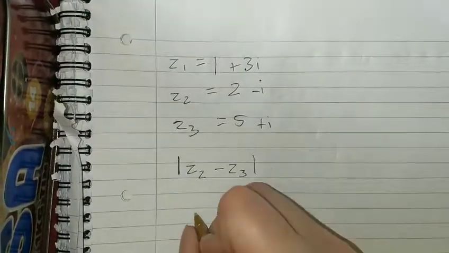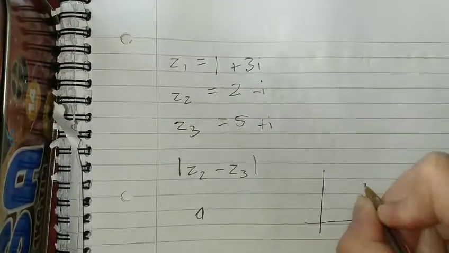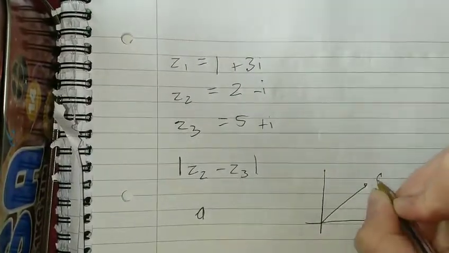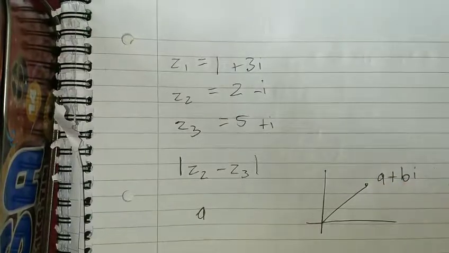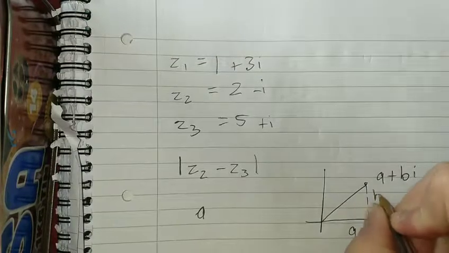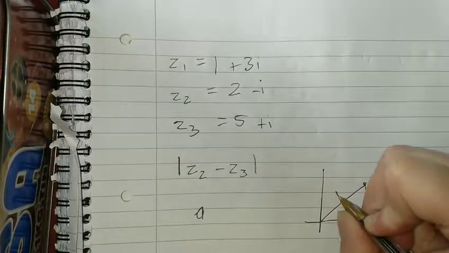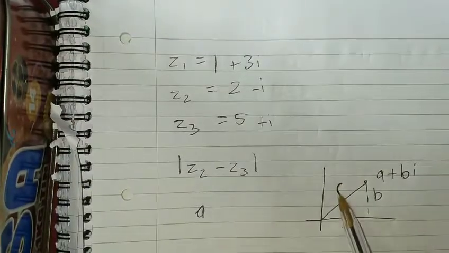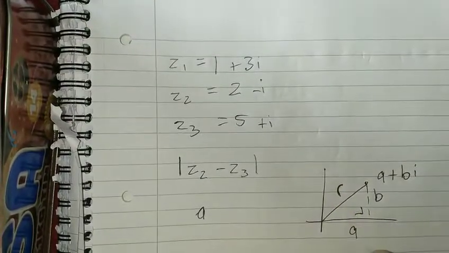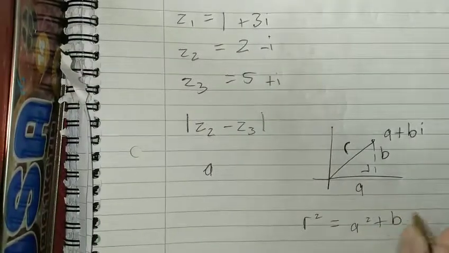So that's what the modulus is. So the modulus of any complex number, so say if we have just a complex number here, and we'll say this is a plus bi. So say it went across a and it went up b. Well, what we want is this distance here. We'll call it r. So r, if we were to use Pythagoras, r squared would be equal to a squared plus b squared.